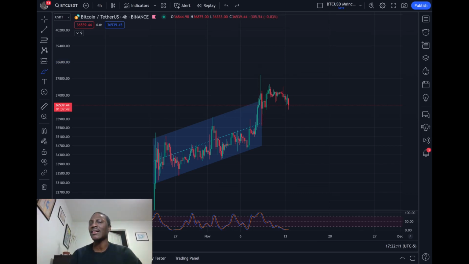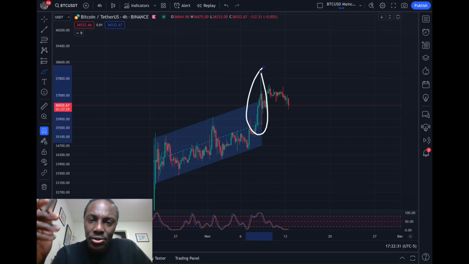If I want to be honest, a lot of times we have these ideas as traders, as analysts, and we don't want to look at it because it may not favor our portfolios. But if we're honest with ourselves, and that's the best way actually to make money in the long run, this looks like an initial break of structure.